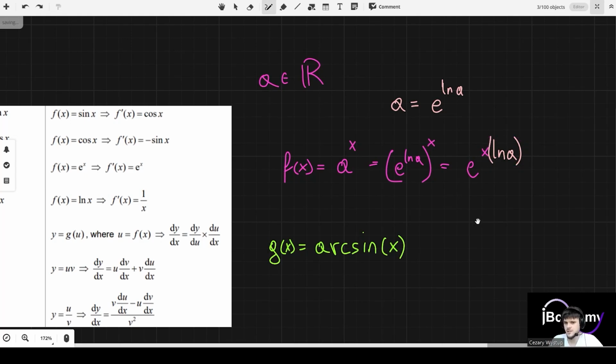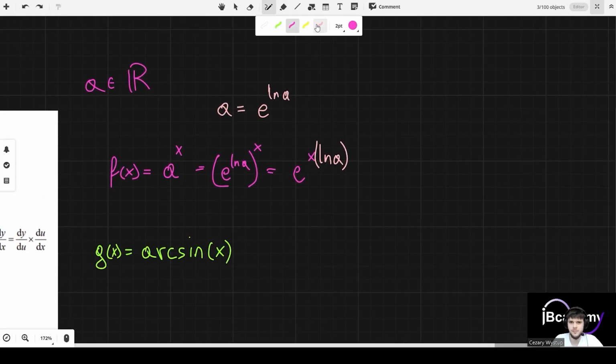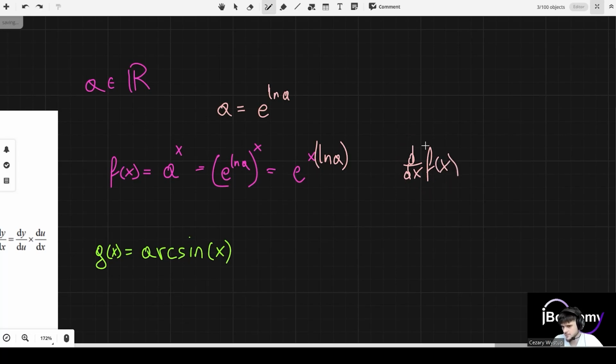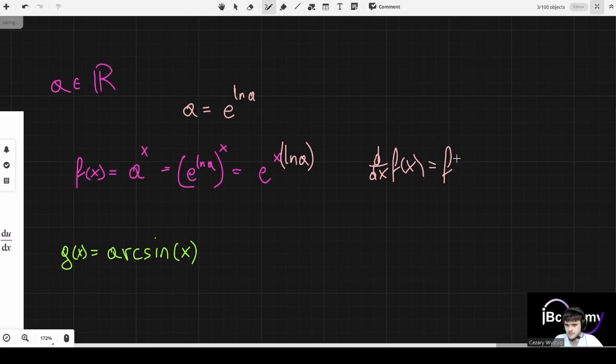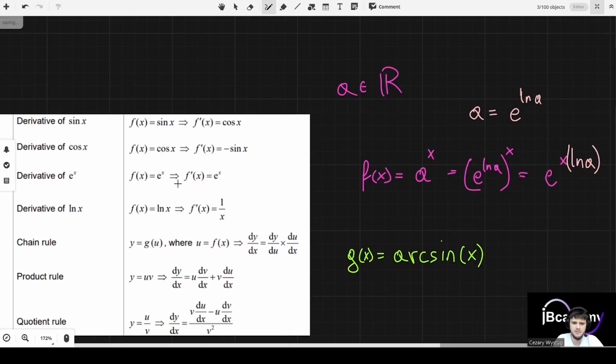So we're just going to use simple chain rule to differentiate this now. So d/dx, so the derivative of f of x, so I can write it like that, or I could use the prime notation, yeah? It's going to be, well, how do I differentiate e to the power of something? Well, it stays the same, right? That's the definition of this function, right?